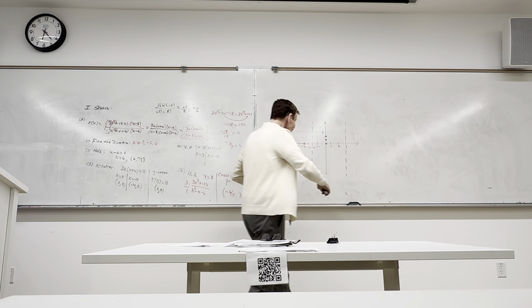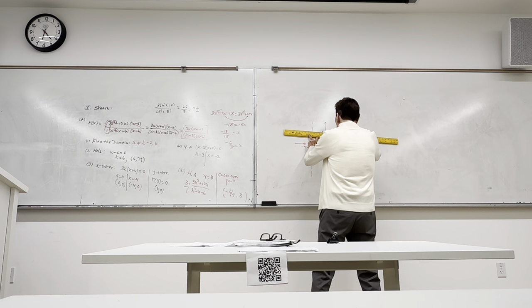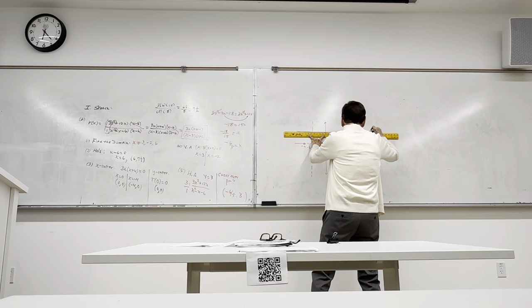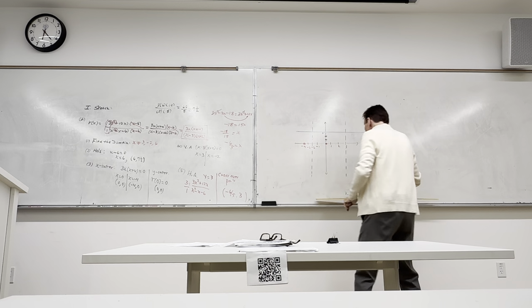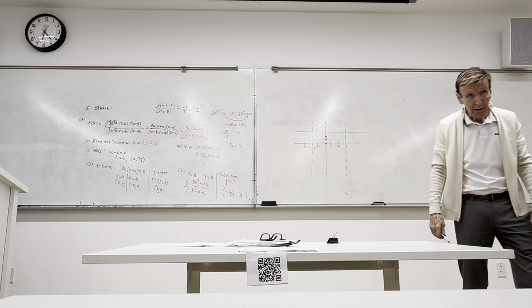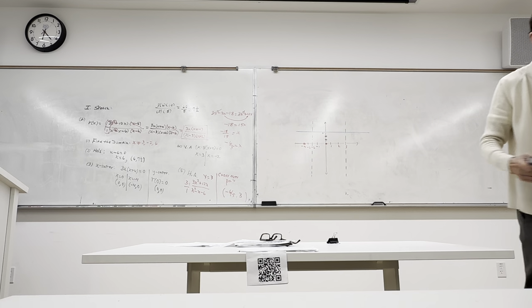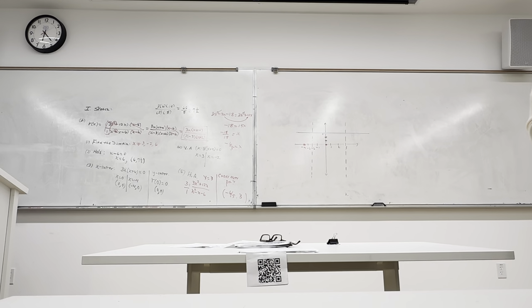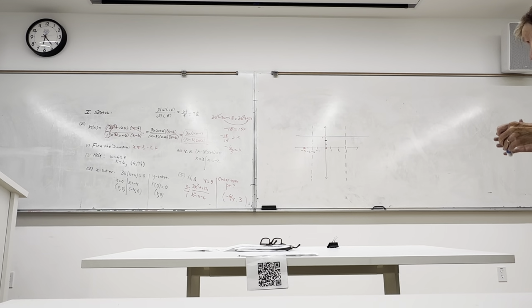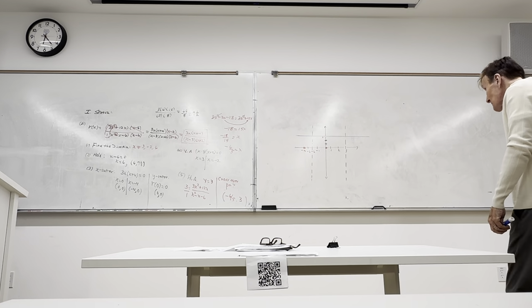Now, it's up here. Something like this. That's my horizontal asymptote. Wow. So I've got two green vertical, one horizontal. I've got two intercepts, x-intercepts, and one y-intercept, of course.